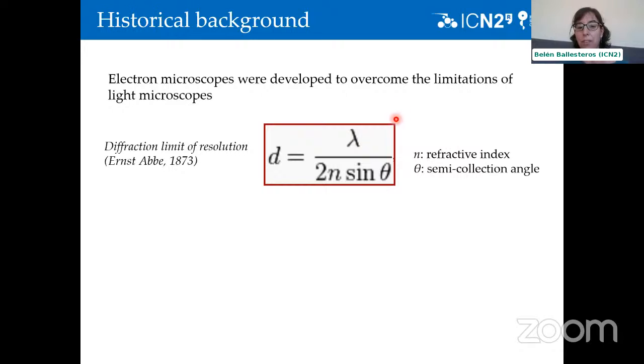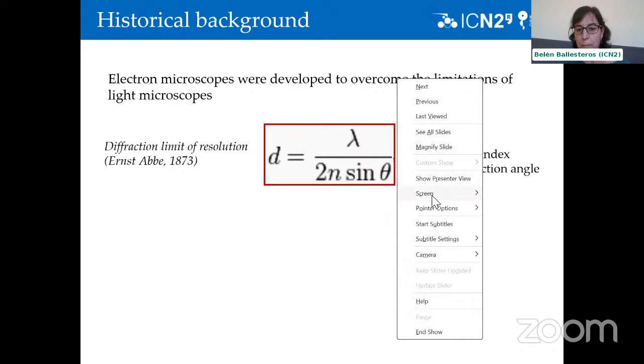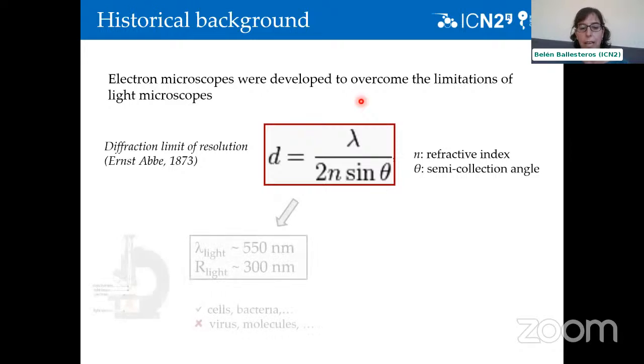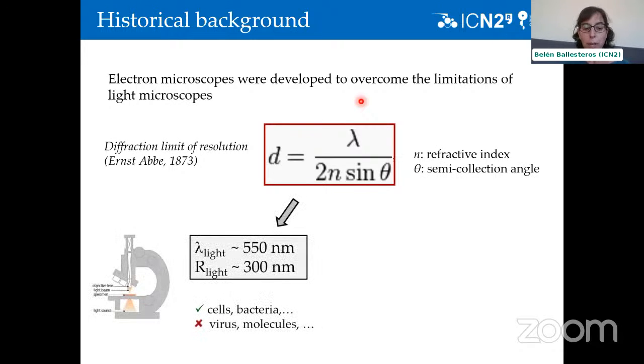Back at the time, they realized that with the wavelength of light, which is around 500 nanometers, the best resolution you could get is around 300 nanometers.